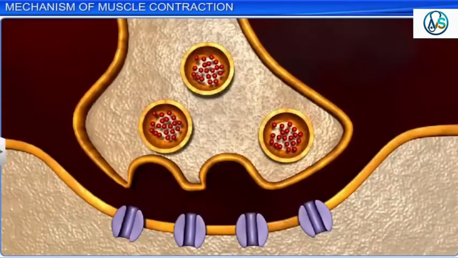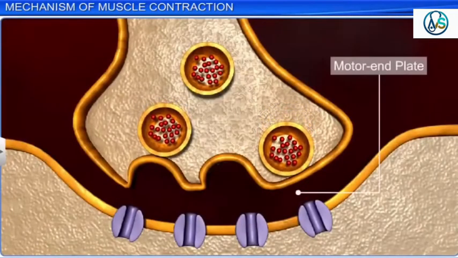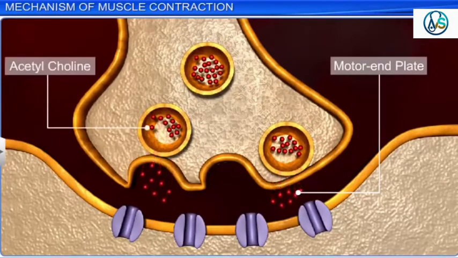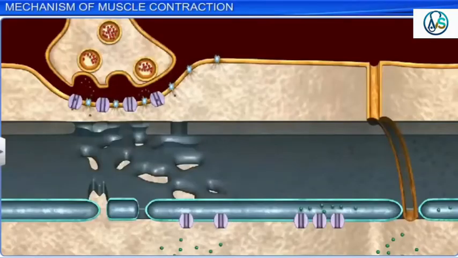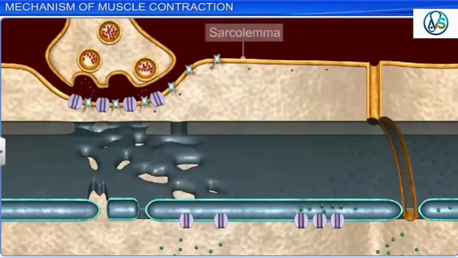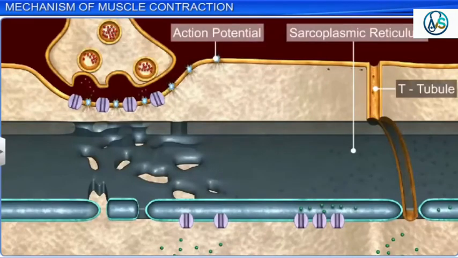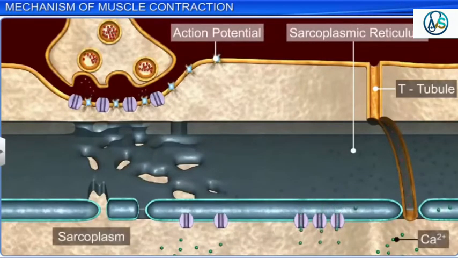When a neural signal reaches the motor end plate, it releases a neurotransmitter called acetylcholine. This neurotransmitter generates an action potential in the sarcolemma, which spreads into the muscle fiber, causing the release of calcium ions in the sarcoplasm.